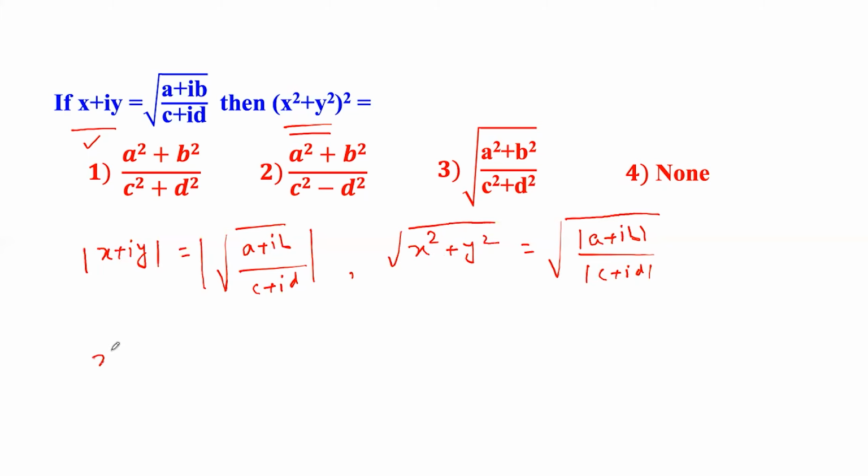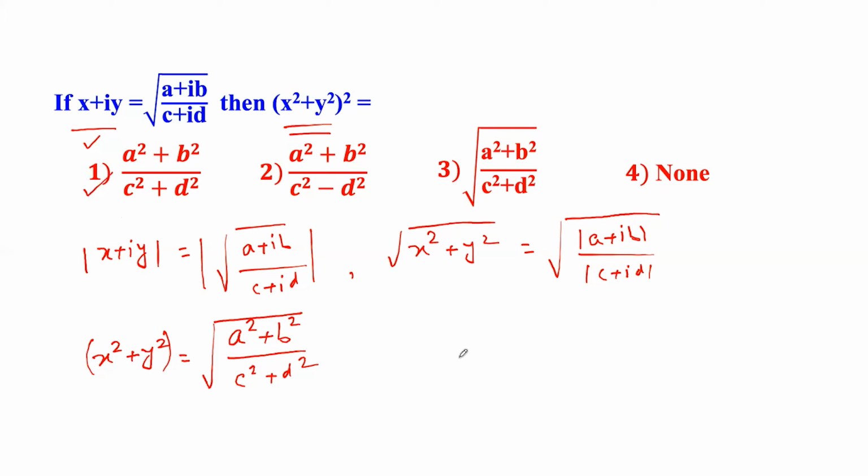We are getting x square plus y square is equal to a square plus b square upon c square plus d square, right? But one under root would be there, so squaring this, we get rid of the under root, and we get a square plus b square upon c square plus d square, right?